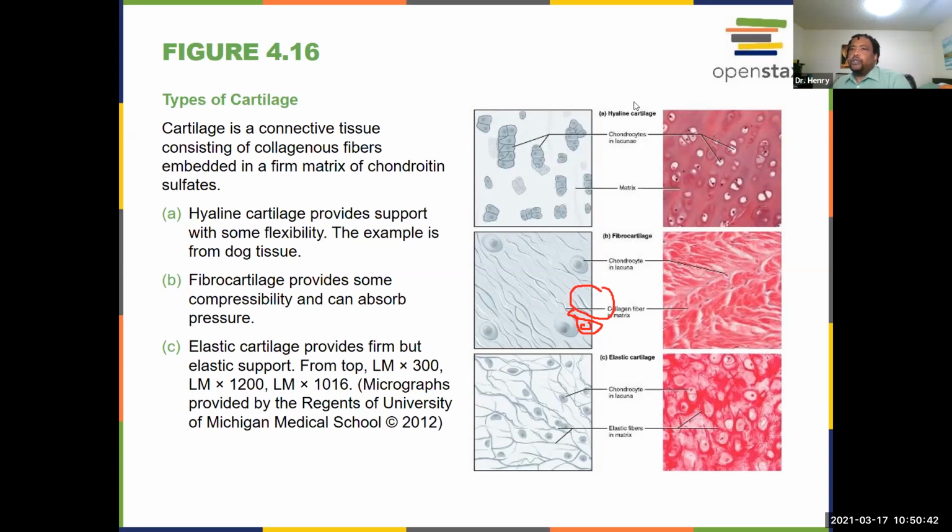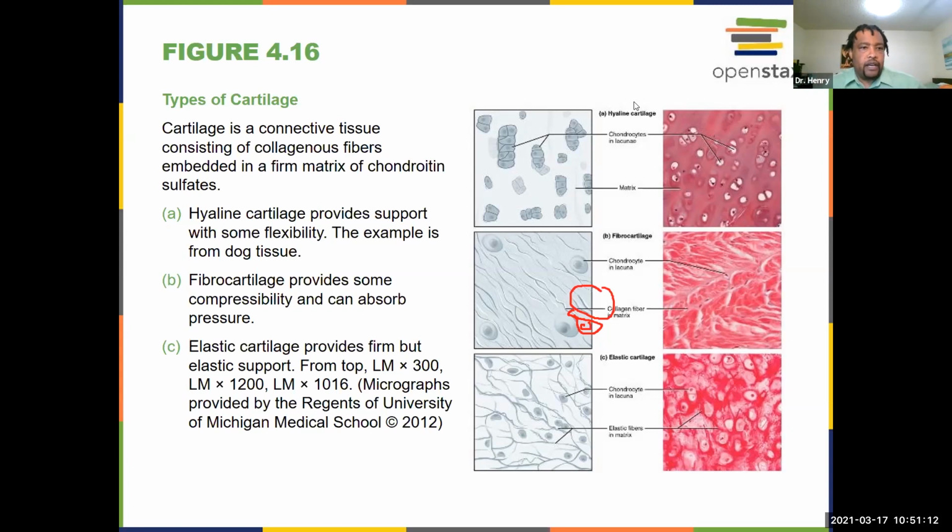Okay, so you have three types of cartilage: hyaline cartilage, fibrocartilage, and elastic cartilage. Your elastic cartilage is going to be the parts helping with the flexing in the knee joints. The fibrocartilage is going to be part of the compression and absorption, so you're also going to find it in your knee.